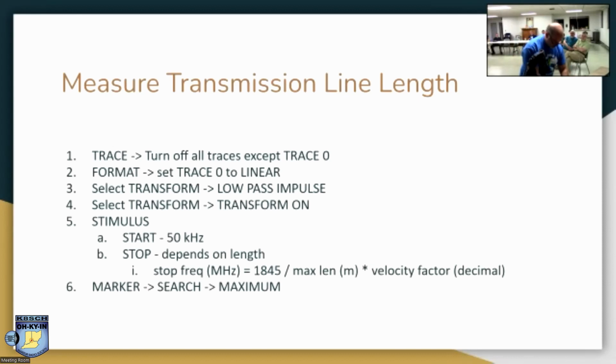The shorter your cable, the higher your maximum frequency needs to be. Because your cable is less than 100 meters, you need a higher frequency for your max. Set it for like 10 meters or something. Set your stop frequency to like 100 or 200 megahertz.